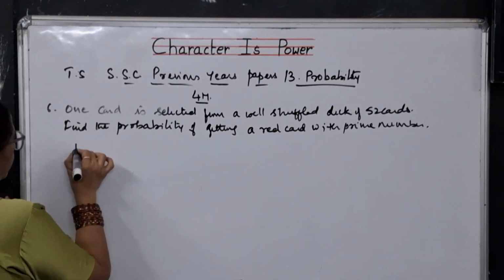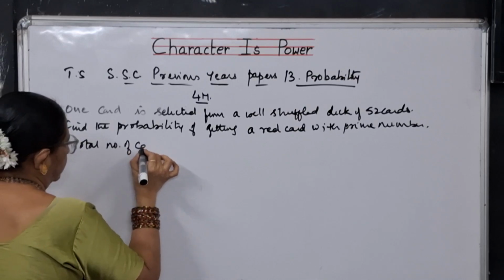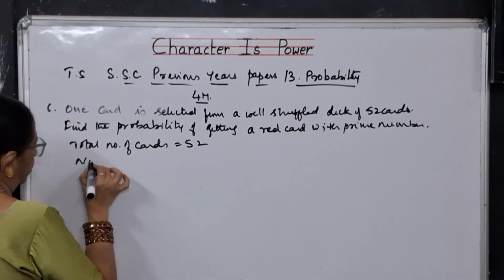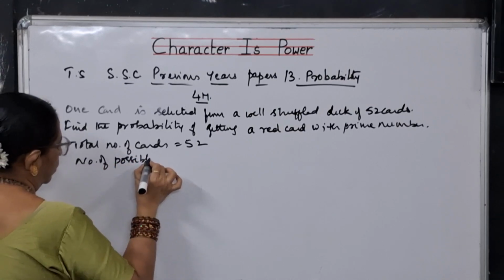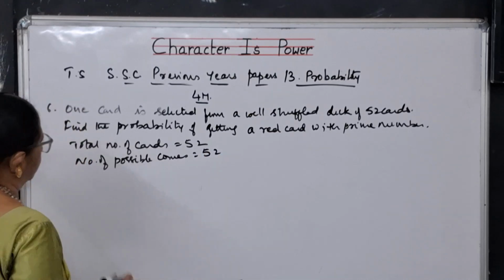So, total number of cards are 52. So, number of possible outcomes are 52.